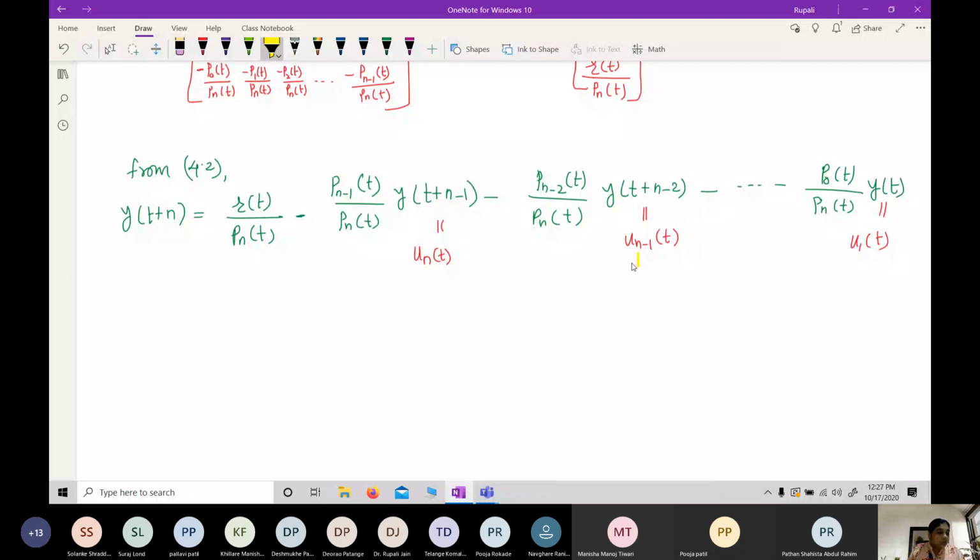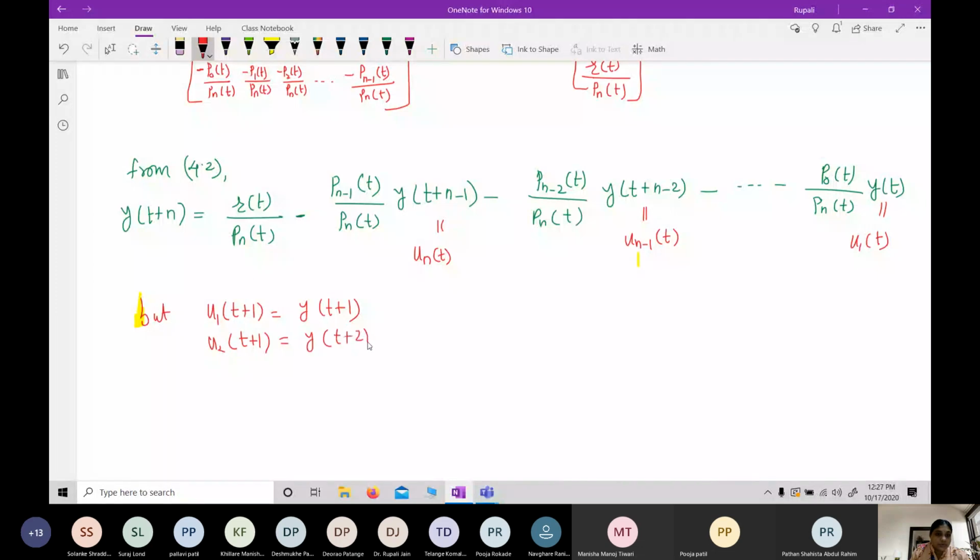But what is u1t plus 1? It is y at t plus 1. What is u2t plus 1? y at t plus 2.